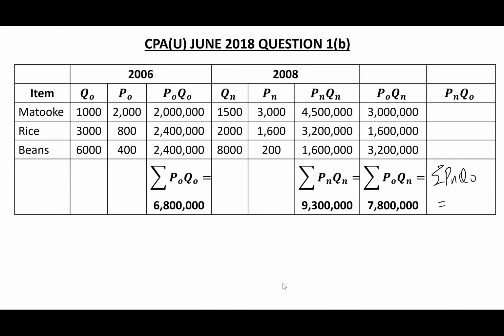Someone is saying 9,000. You're not being serious, Majib. So this is the PN Q naught, that's 9 million. Okay, 9 million.